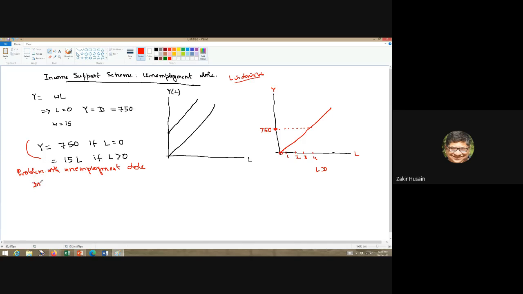The problem is that there's a disincentive to work. For instance, suppose L is 20. How much are you getting? 300. Will you work? No, sir. L equal to 50. 750. No, sir.